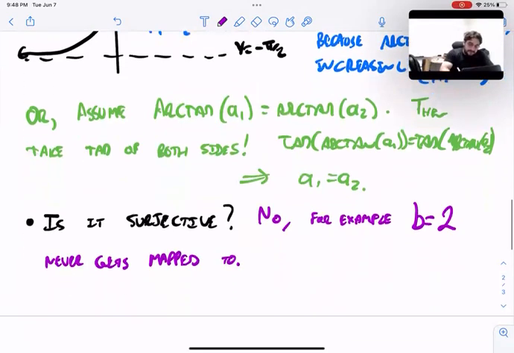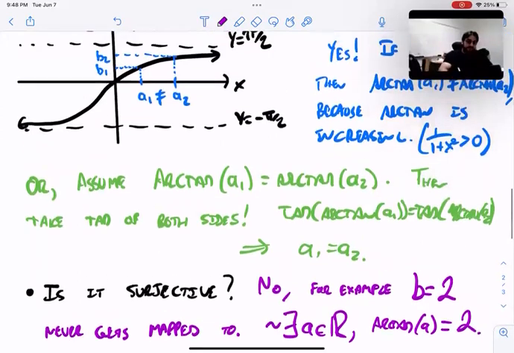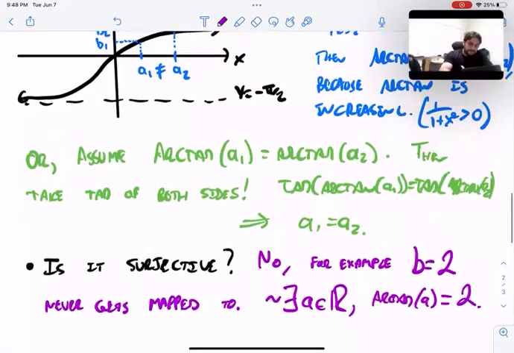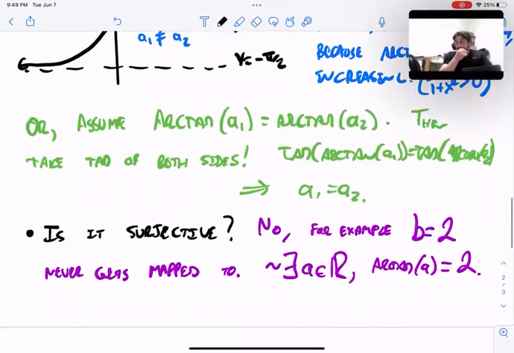That is to say, there does not exist an A in the domain such that arctan of A equals 2. Never happens. Arctan only maps onto the y values between minus pi over 2 and pi over 2. So this is a function that is not surjective.